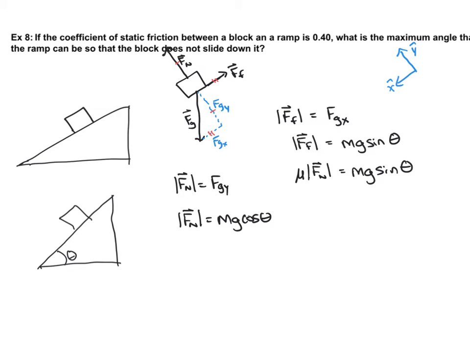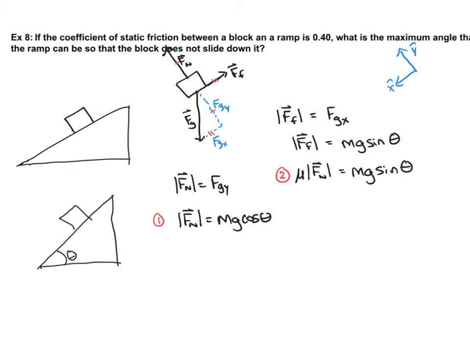But what ends up happening is mass is going to get canceled out. So here, let me show you how that works. I guess I'll number these. I'll call this equation 1. I'll call this equation 2.